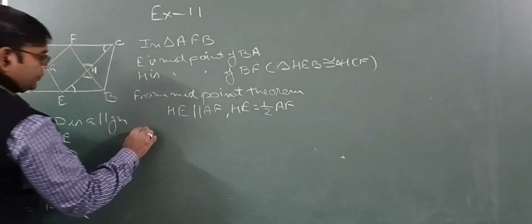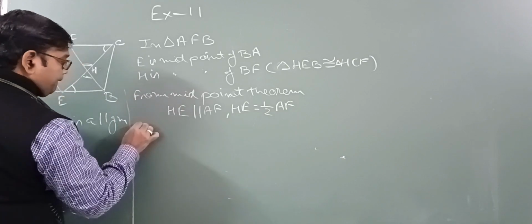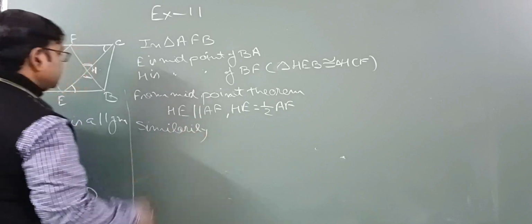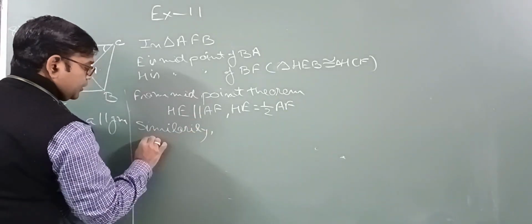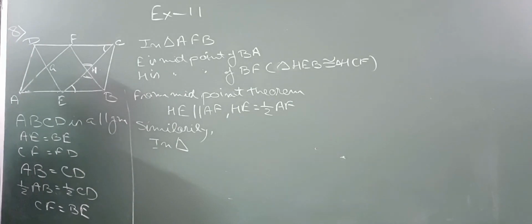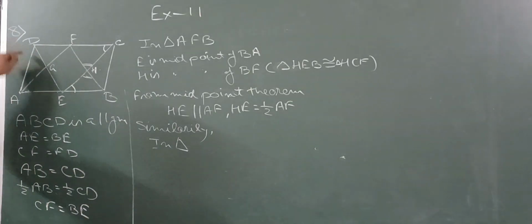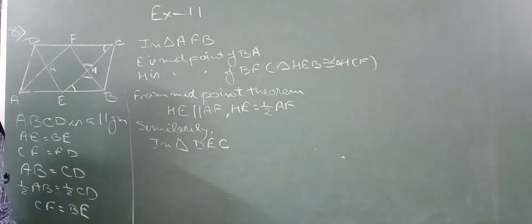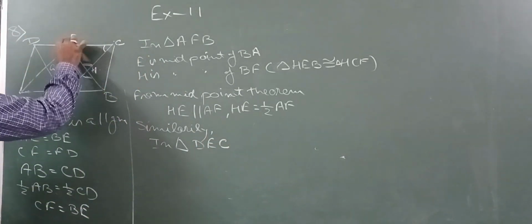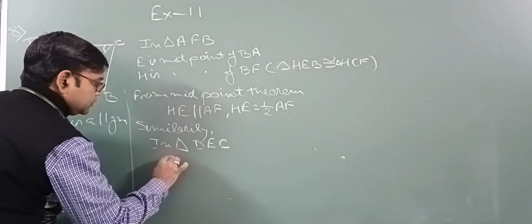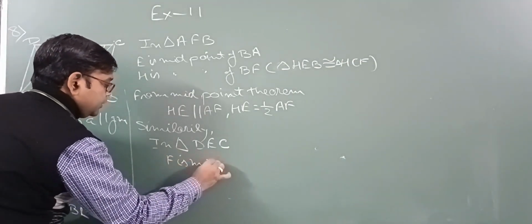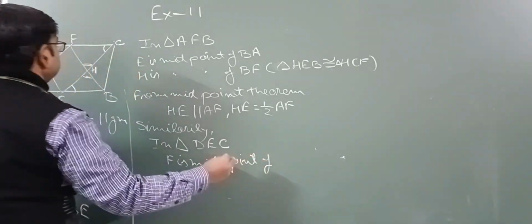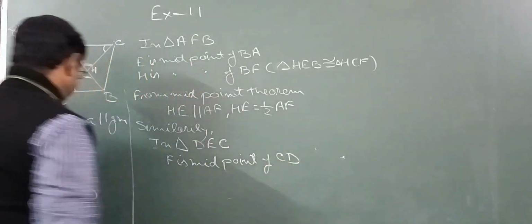Similarly, clear? In triangle DEC, F is the midpoint of CD. This is given to you.